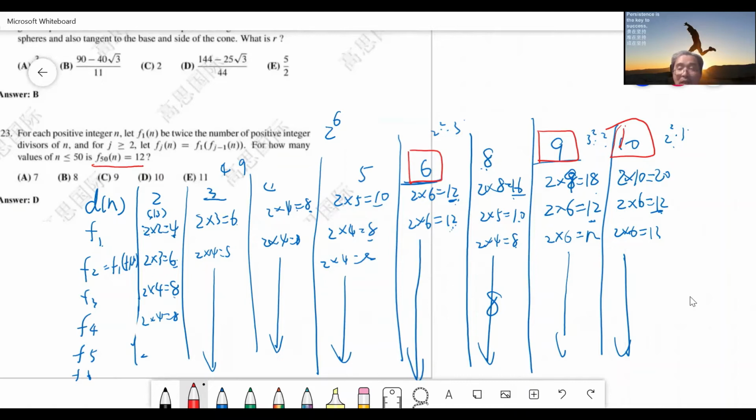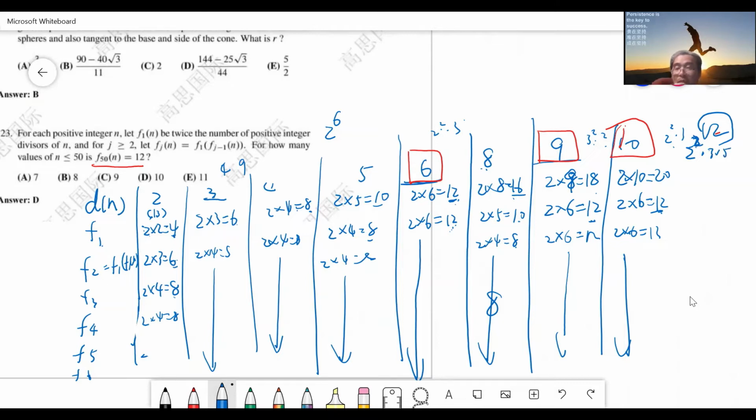What about we have 12 factors? If we think about 12 factors, the smallest is going to be 2 squared times 3 times 5.